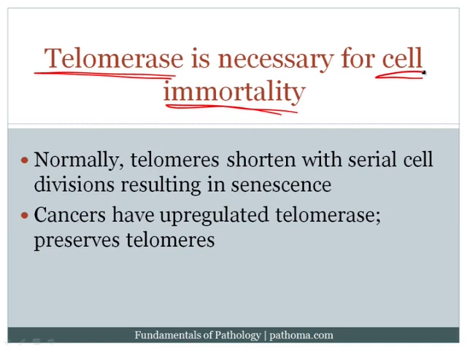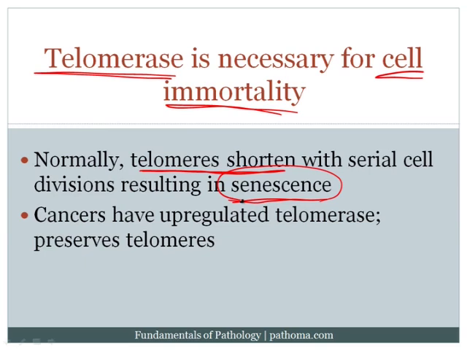Each time a cell divides, normally, its telomeres shorten. Telomeres are at the very end of the DNA of each chromosome, and every time they shorten, eventually that results in senescence.